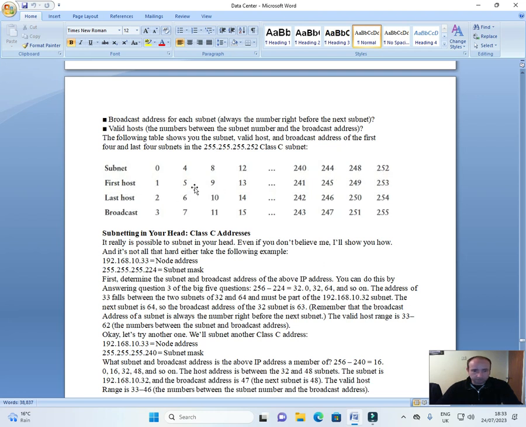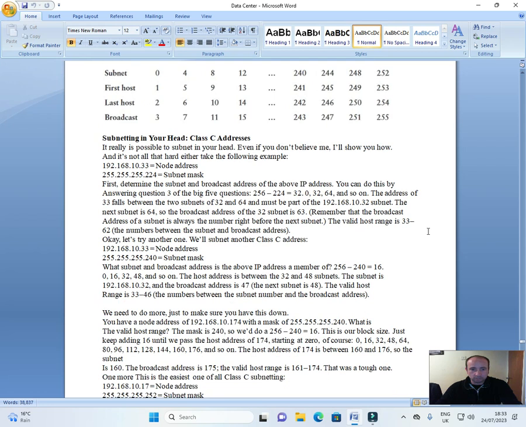First host: 1, 5, 9, 13, 241, 245, 249, 253. Last host: 2, 6, 10, 14, 242, 246, 250, 254. Broadcast: 3, 7, 11, 15, 243, 247, 251, 255.